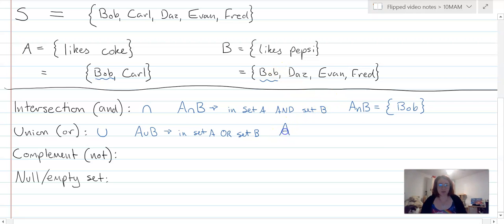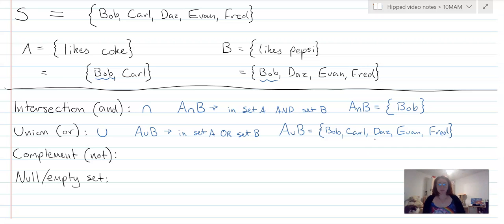So A union B is everything in set A or in set B: Bob, Carl, Daz, Evan, and Fred. In this case, our union is the same as our universal set because everyone falls into one of the two categories.